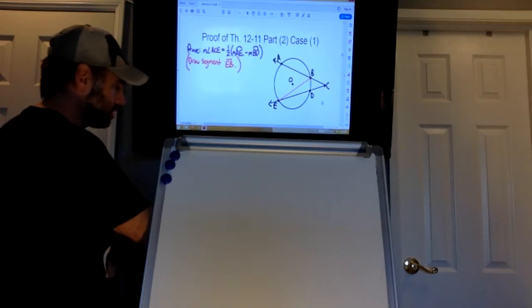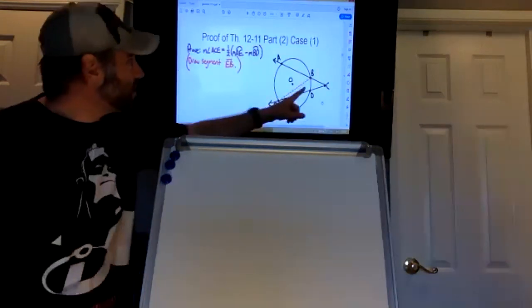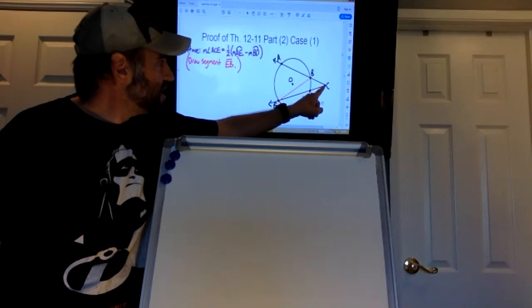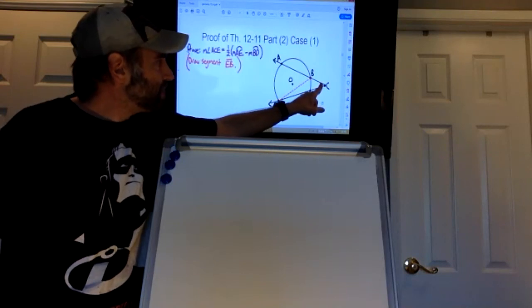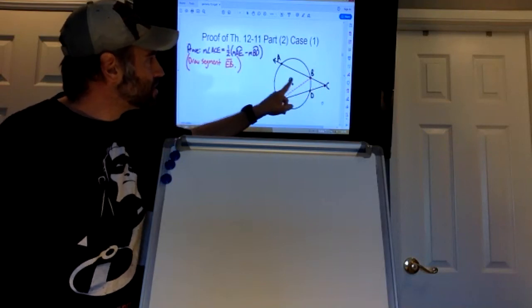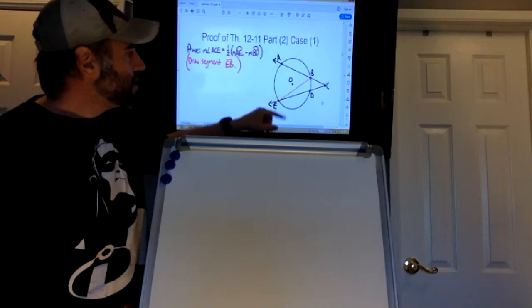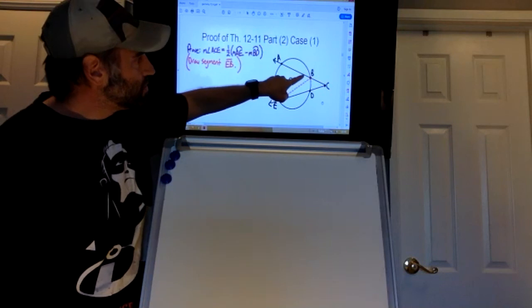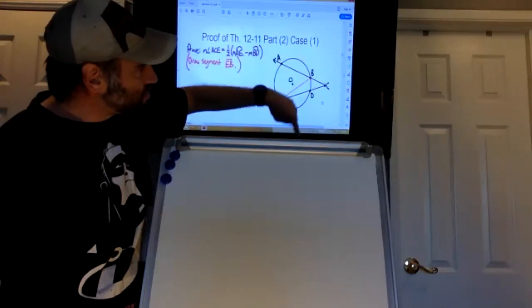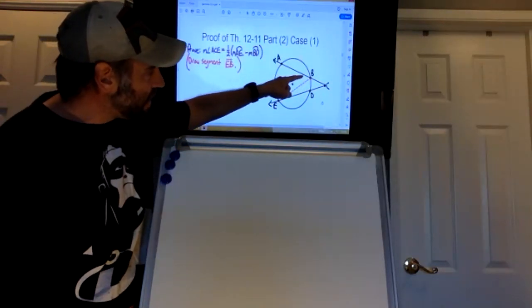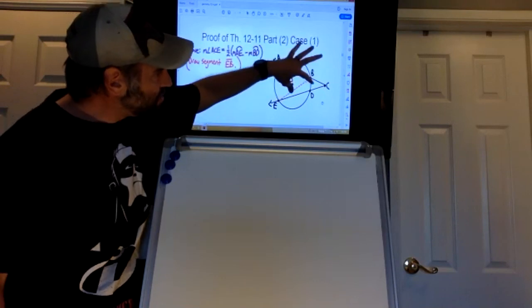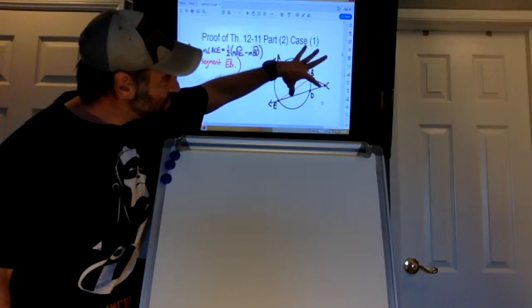Yes. Okay, so this angle here, angle C, is half the difference of these intercepted arcs, is what this is saying. Half the difference of these arcs. This is the proof I didn't catch. The proof here is the same as the next two cases, in which this exterior angle is equal to the sum of these two remote interior angles.